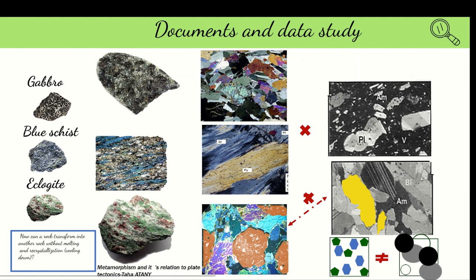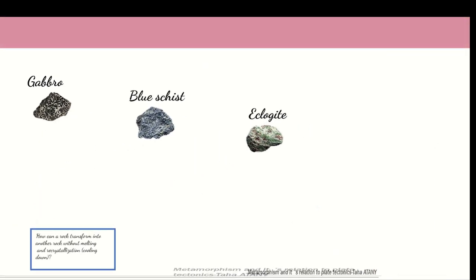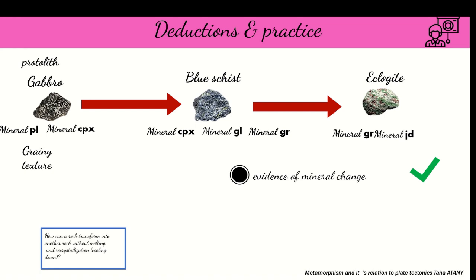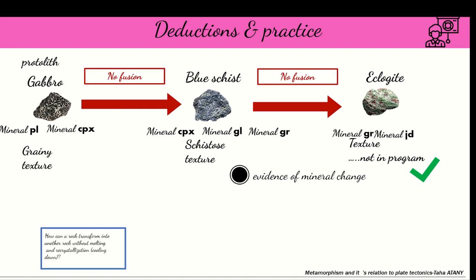And the texture study indicates something very clear. There is no melting and cooling down whatsoever for making blue schist because it has a schistose structure, and also for eclogite, the texture that is not in the program. So there is no fusion.